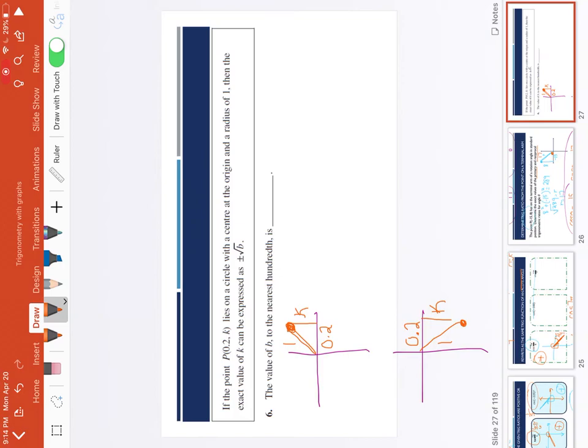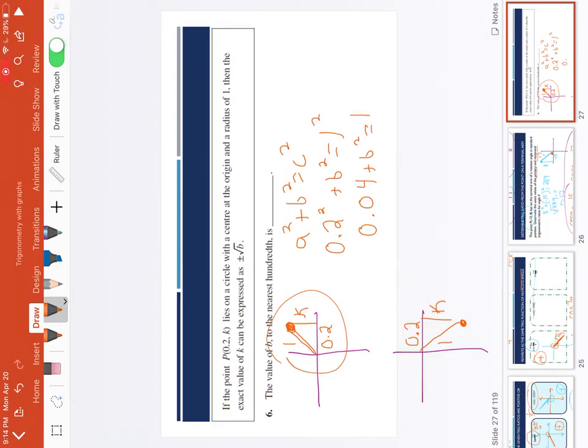Okay, so if we want an expression to find k, once again, this is a right triangle. So I'm going to use Pythagorean's theorem. So we have a squared, 0.2 squared, plus b squared. This time we know our hypotenuse, or c, is 1 squared. Okay, so we have 0.04 plus b squared equals 1.